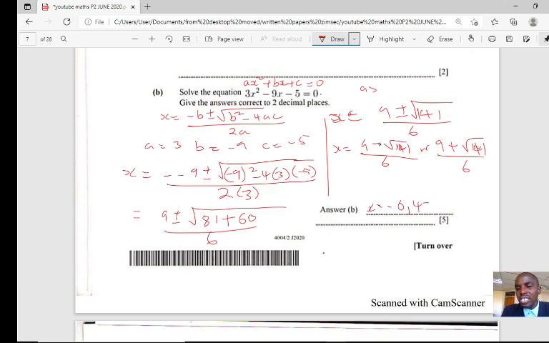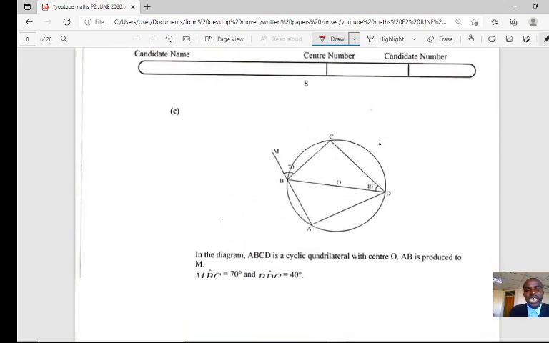Then for the other, you put a plus, so it will be bracket 9 plus the square root of 141, divided by 6. You get 3.4790, so to 3 significant figures, it will be 3.48. Then you are done.